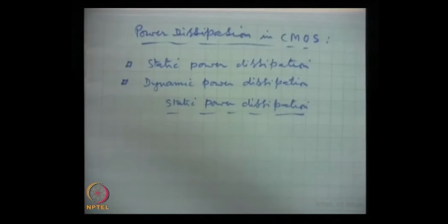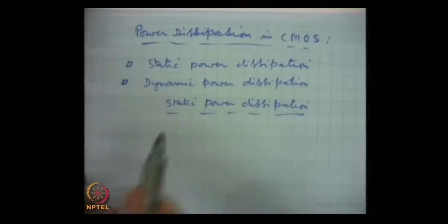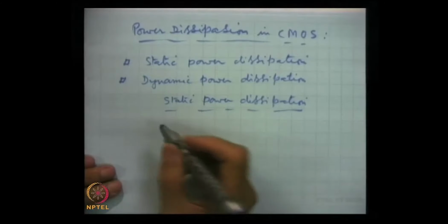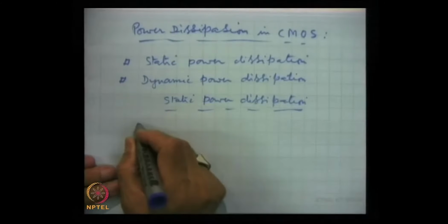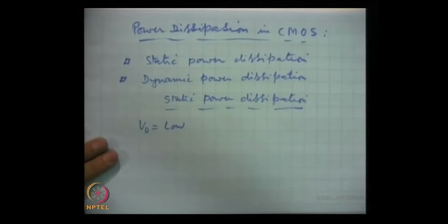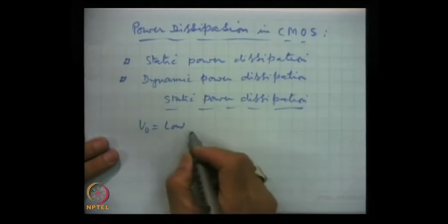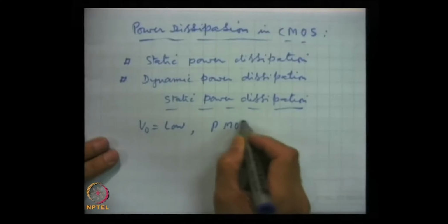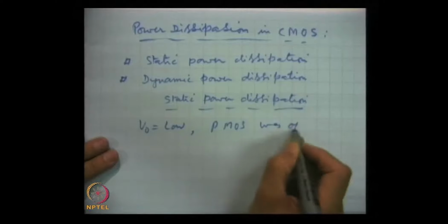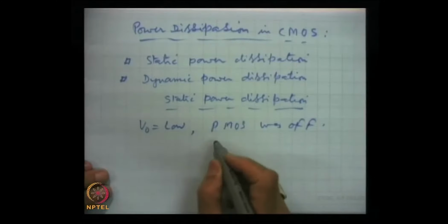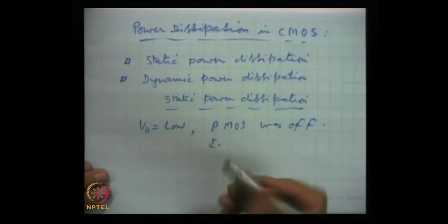Now, we have seen that when the state changes, for example when V out is low, in this case PMOS was off, and the drain current ID in the CMOS was 0.